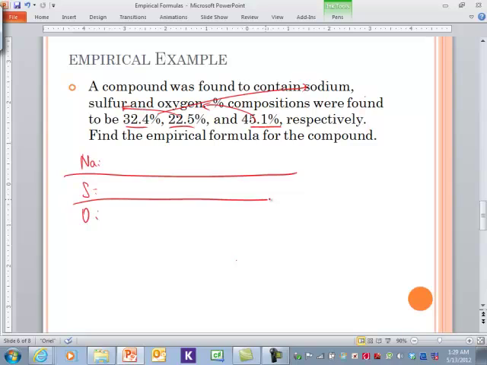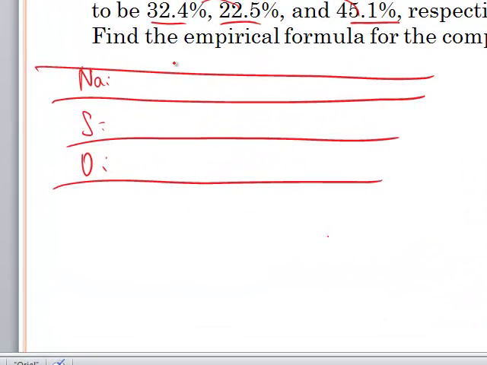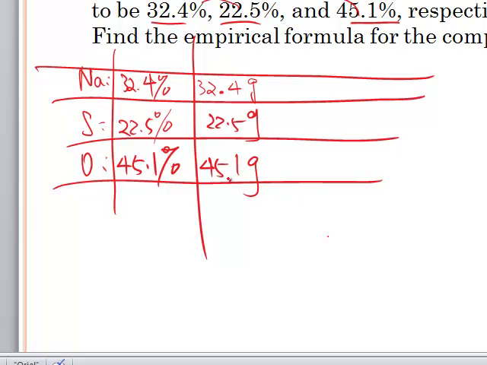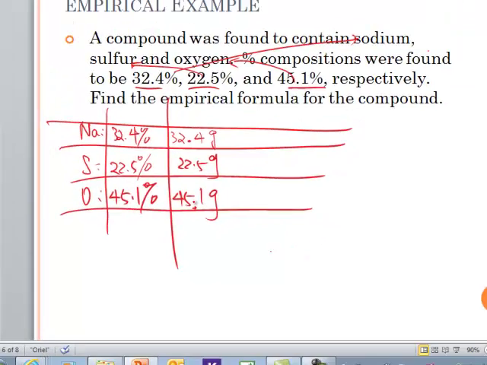First, we can see it's 32.4% sodium, 22.5% sulfur, 45.1% oxygen. Okay, so you take 100 grams of the compound, so this one immediately converts to 32.4 grams, 22.5 grams, 45.1 grams of each element.